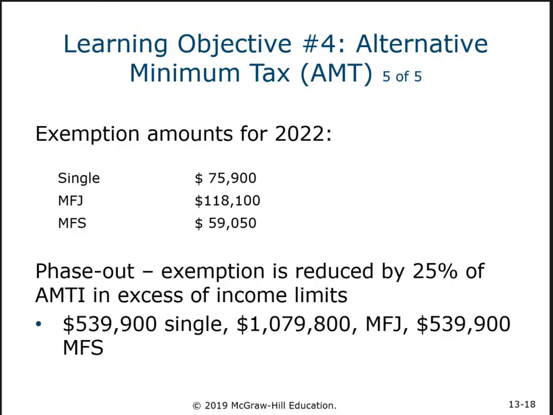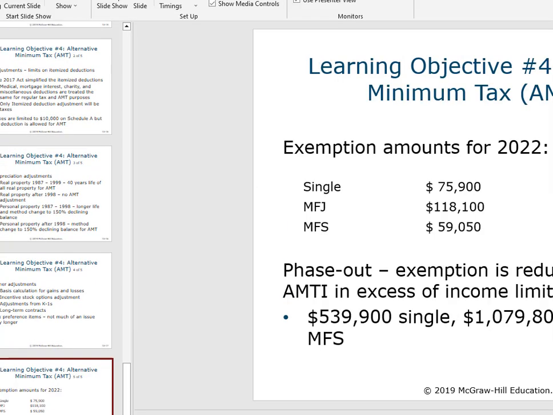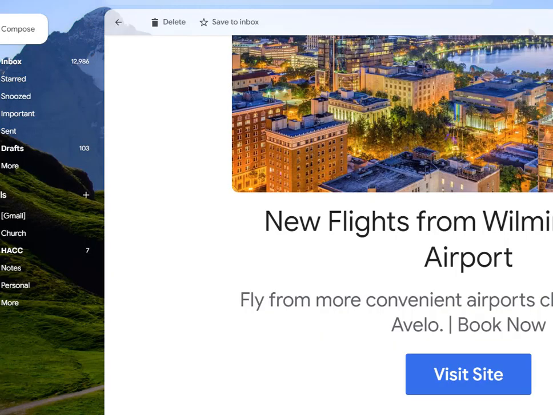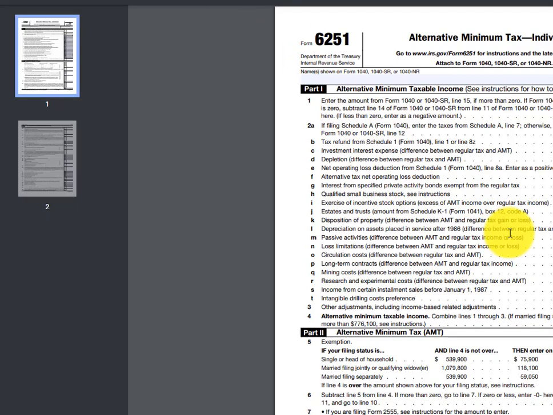So let's go quickly to how the form for the alternative minimum tax works. This is a form you'll fill out separately from your 1040.